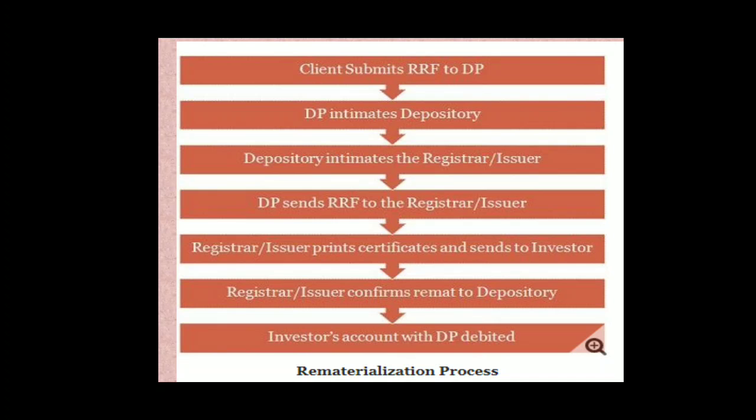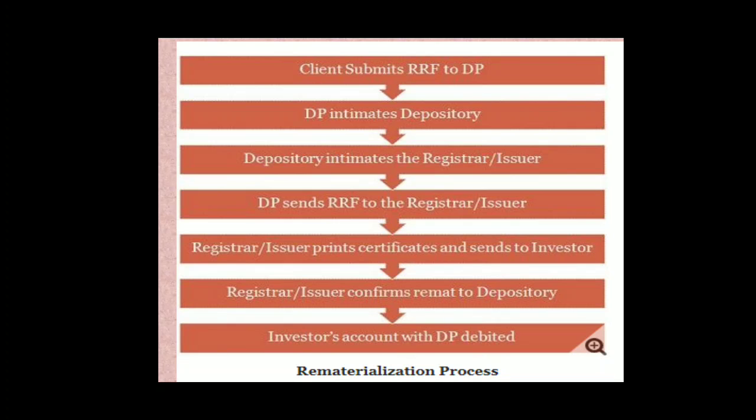Then the depository participant will send your rematerialization request form to the registrar or issuer, and the issuer will confirm it, and then the registrar or issuer will print a new certificate.